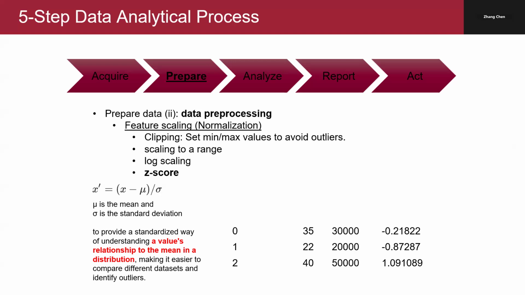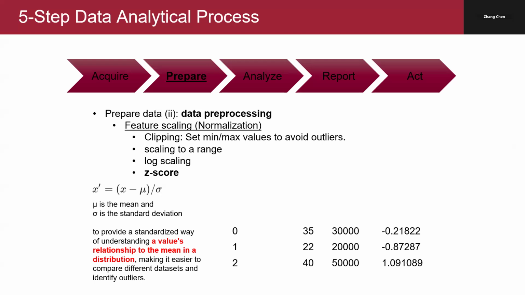In our example here, after applying the transformation, each value tells us how far it is from the average. A negative value means you are lower than the average, below the mean, and a positive value means it is above the mean.